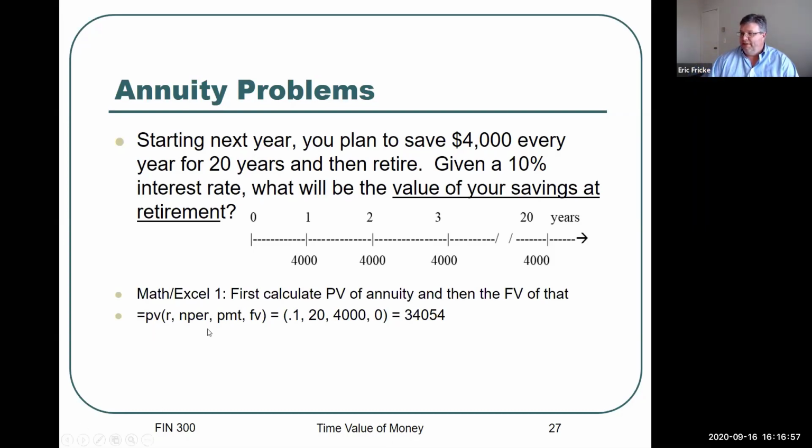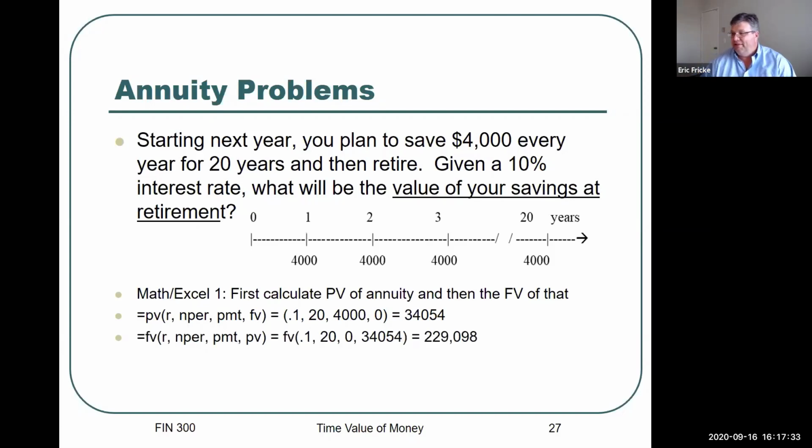We put in 10% interest rate, 20 periods, a $4,000 payment per period with no single lump sum payment at the end. And that gives us 34,054. So that means this stream of $4,000 being invested over 20 years has a present value of 34,054.